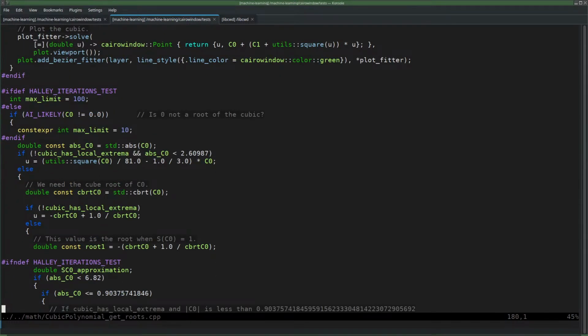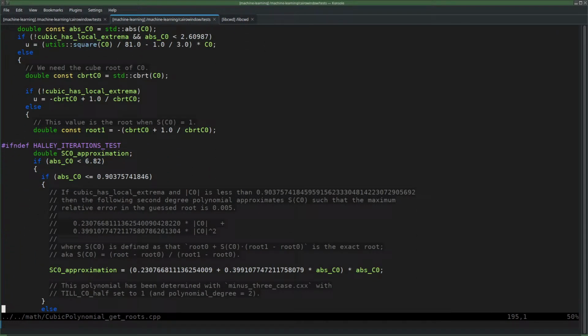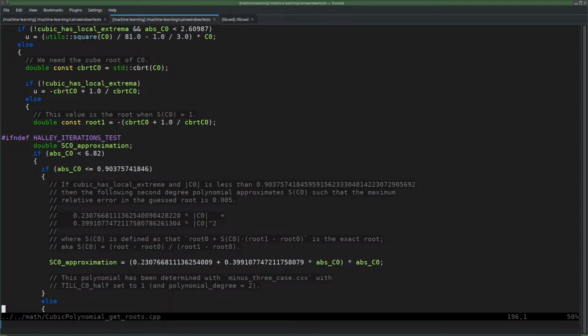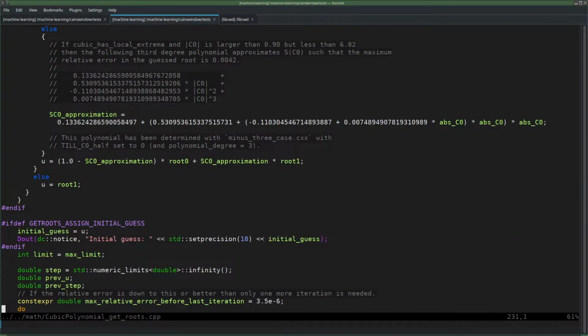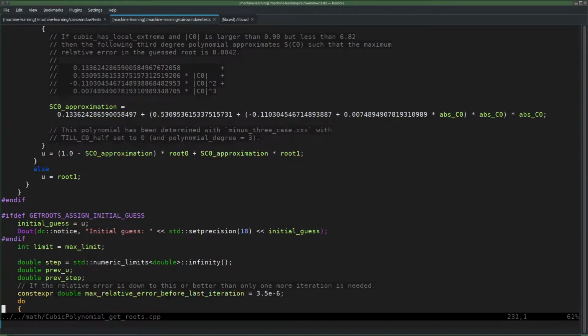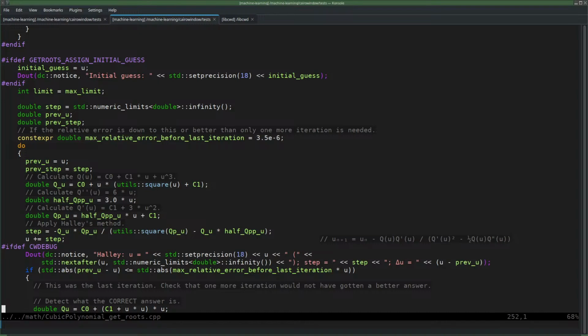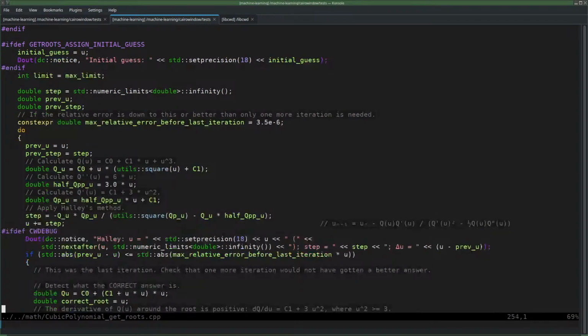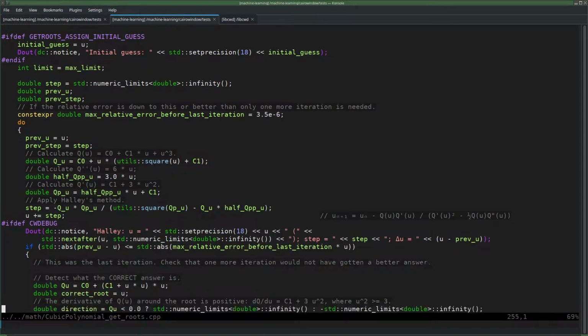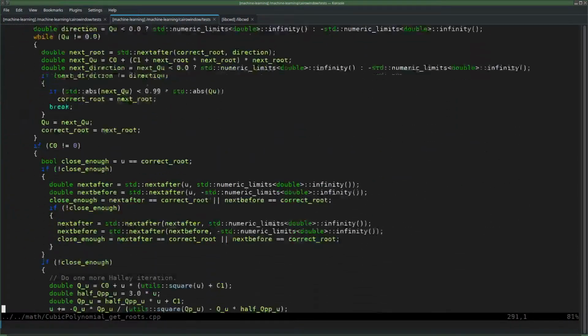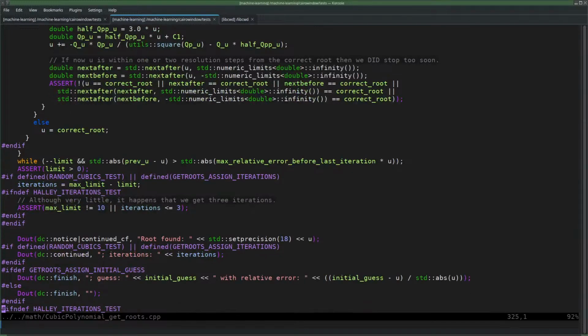I'm not even sure where to detect this thing. I think it works pretty much, except when after shifting back it becomes almost zero. Then it doesn't work. And then we have another problem at the end.